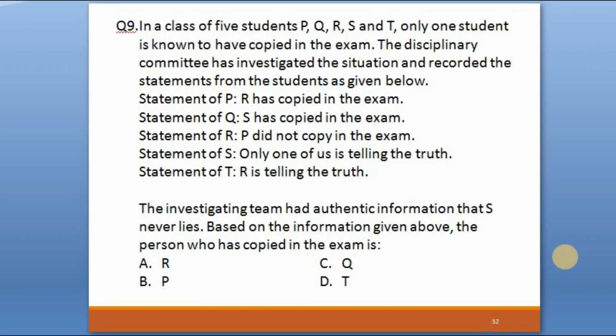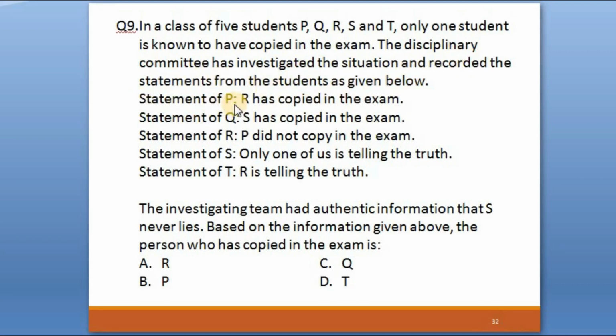Now let's see the ninth question. In a class of 5 students, P, Q, R, S and T, only one student is known to have copied in the exam. The disciplinary committee has investigated the situation and recorded the statements from the students as given below. Statement of P, R has copied in the exam.